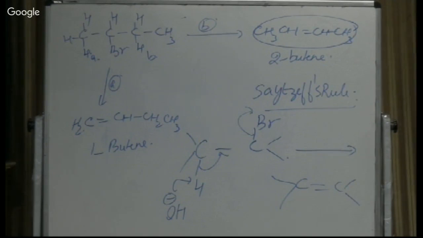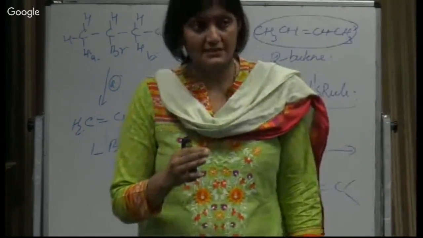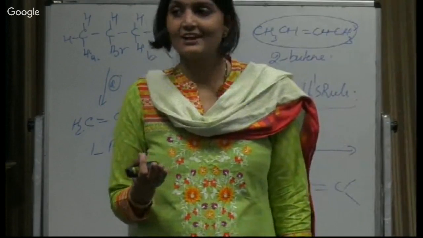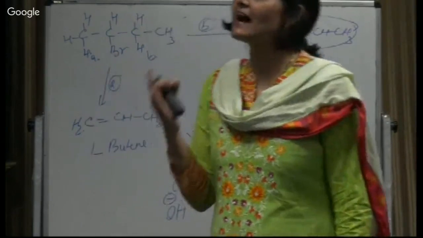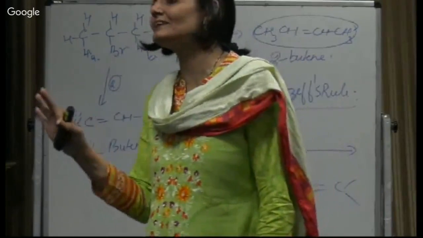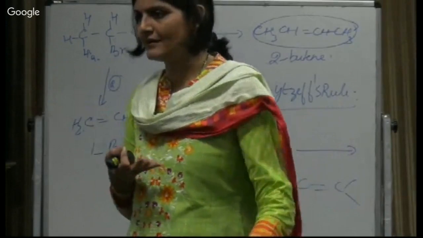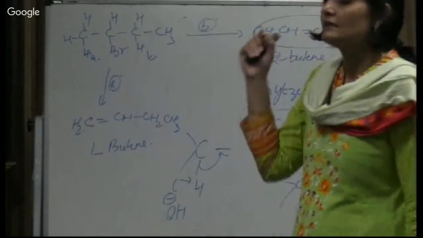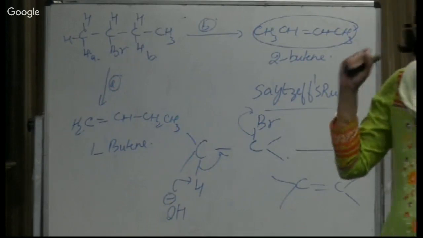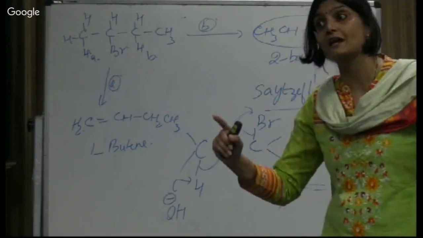But please remember, these vicinal dihalides are prepared from alkenes. So they do not offer a very good method of preparation of alkenes. But this route can be used as a very important route for purification of alkenes.